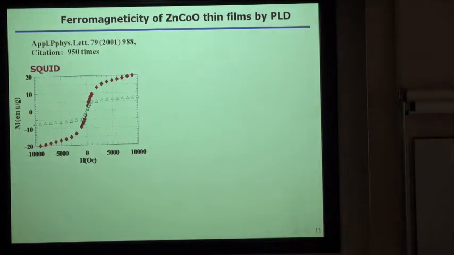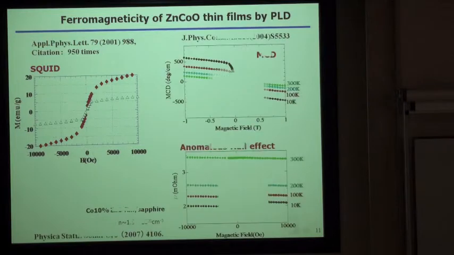And so we reported the ferromagnetism of cobalt-doped zinc oxide for the first time, and here it shows the hysteresis characters measured by SQUID, the magnetic susceptibility, showing the ferromagnetism.